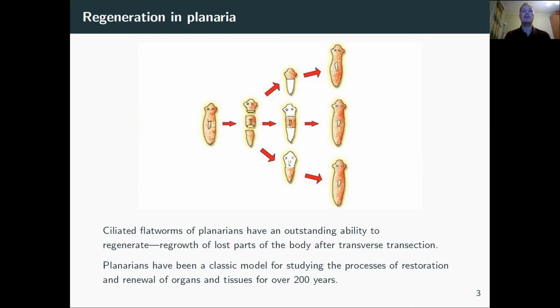Moreover, a planarian can be cut in almost any direction and into a very large number of parts, up to 200, and each of them, under favorable conditions, will restore the missing parts and form a whole organism, provided that there are enough stem cells in the relevant part. Due to this property, planarian can be used as a bioindicator of the ecological state of the environment by measuring the speed of the regeneration.